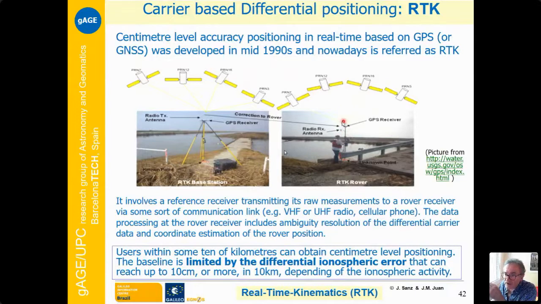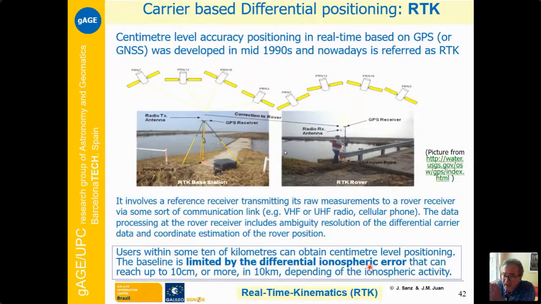Also, because this is carrier phase based positioning, the user receiver has to fix the ambiguities, has to repair the carrier phase. There is a limitation in the baseline between reference station and user receiver. The limitation is mostly due to the ionospheric error.